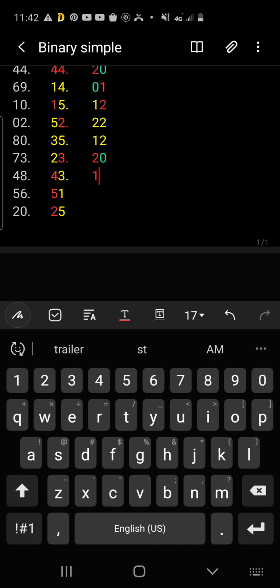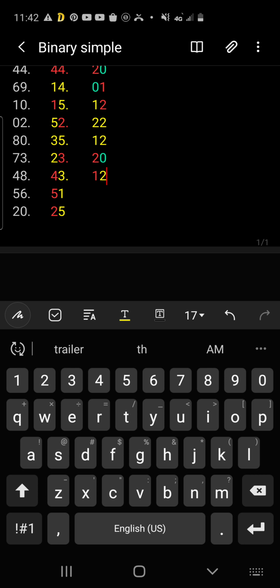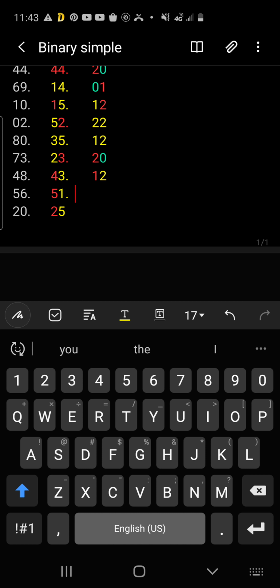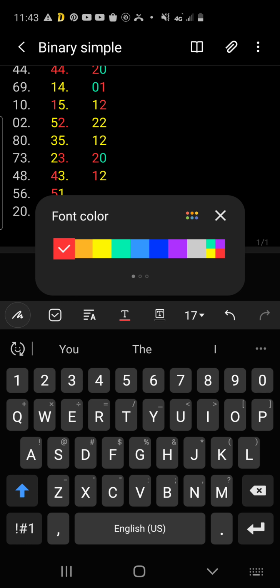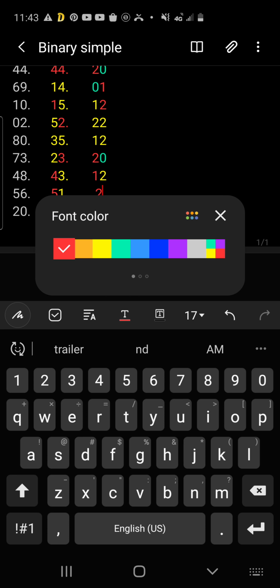And 3 to the 1 is a minus 2. And then you have 5 to the 2, that would be plus 2. And you'll have 1 to the 5, which would be minus 1.